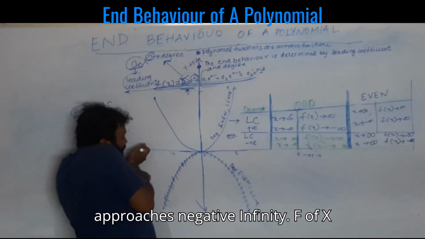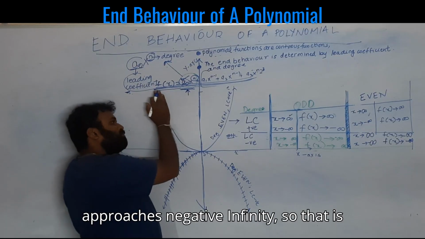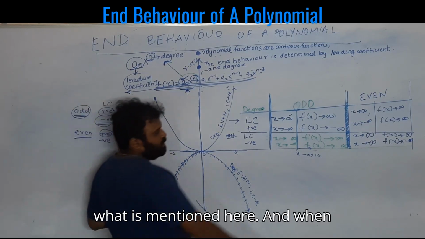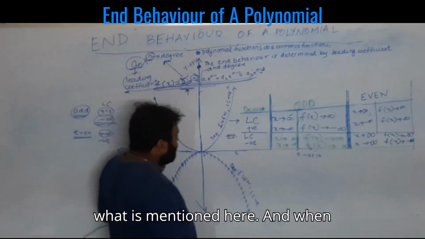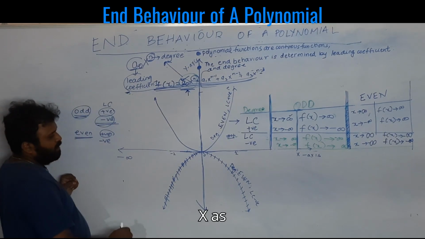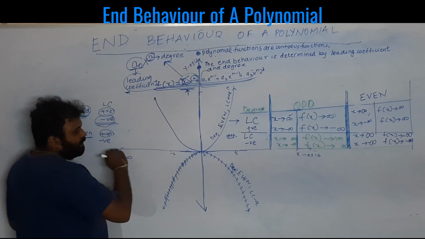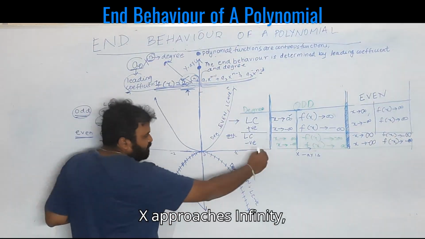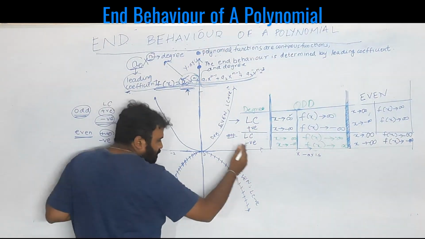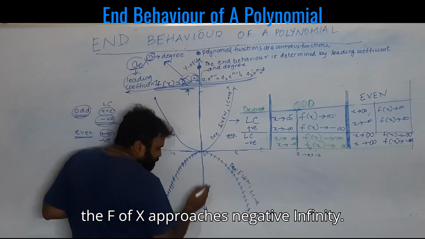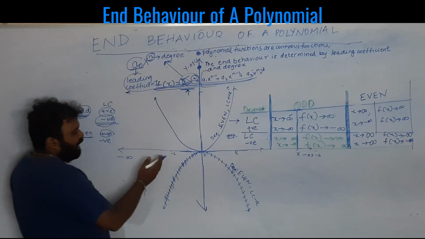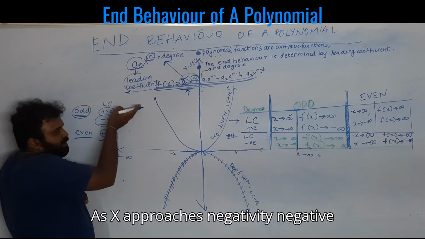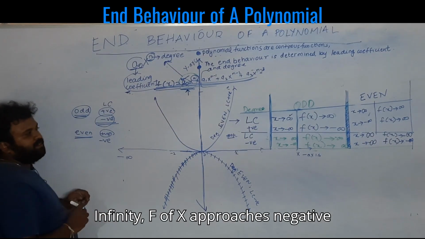As x approaches negative infinity, f of x also approaches infinity, as mentioned here. If the leading coefficient is negative, as x approaches infinity, f of x approaches negative infinity. As x approaches negative infinity, f of x approaches negative infinity.